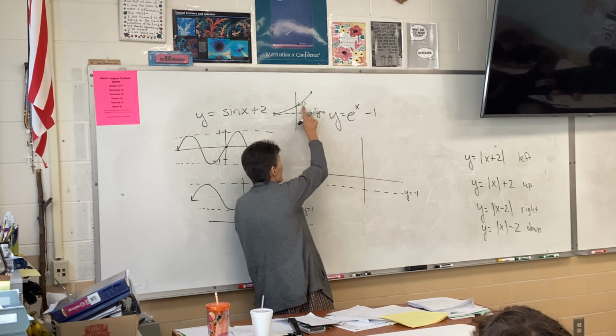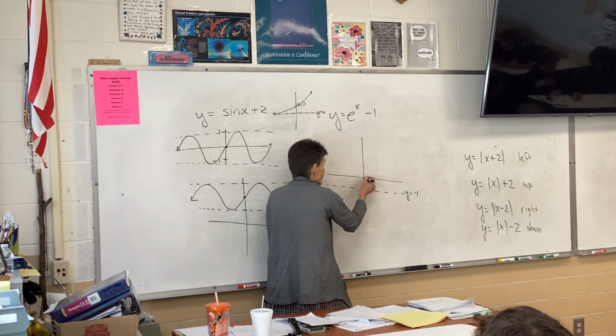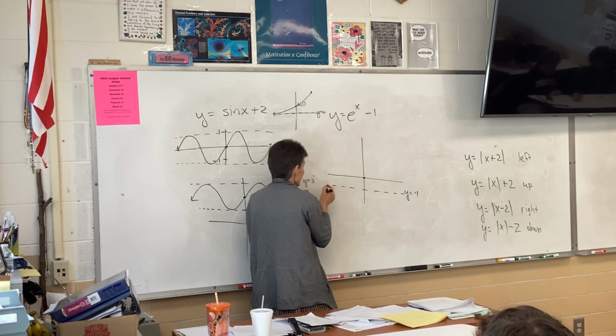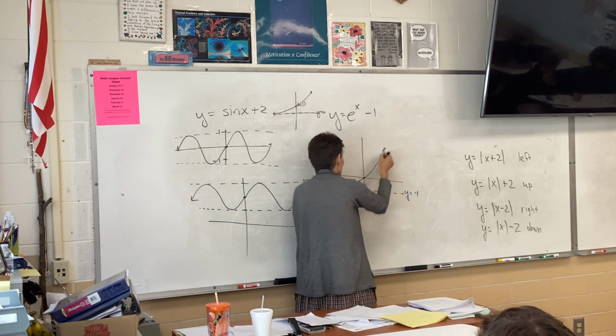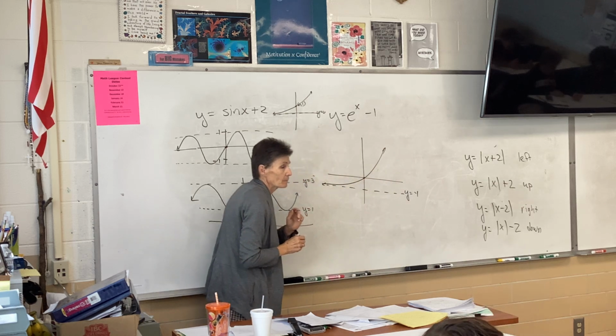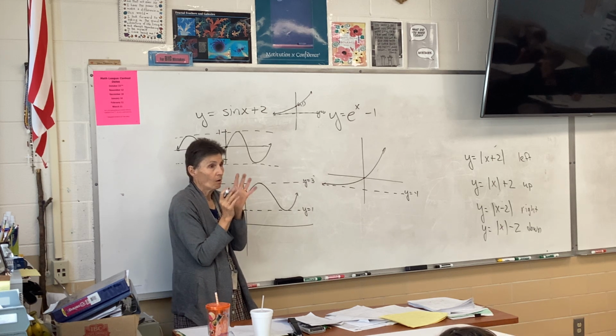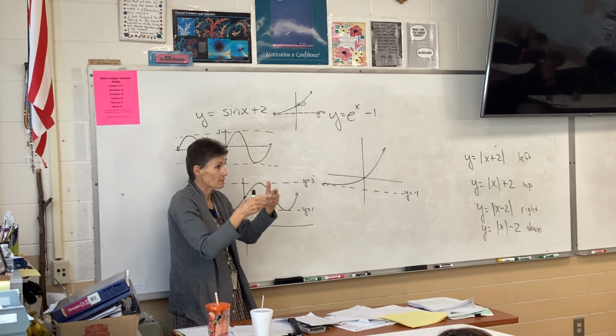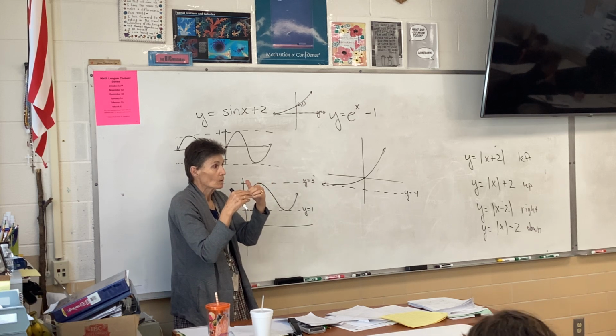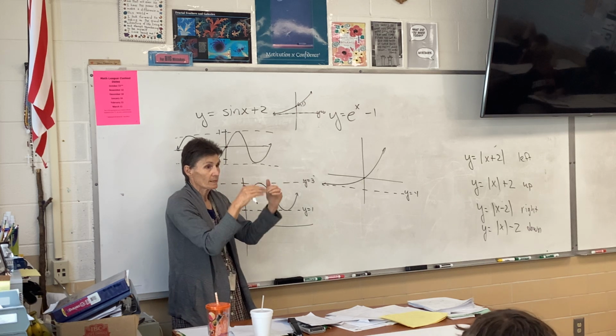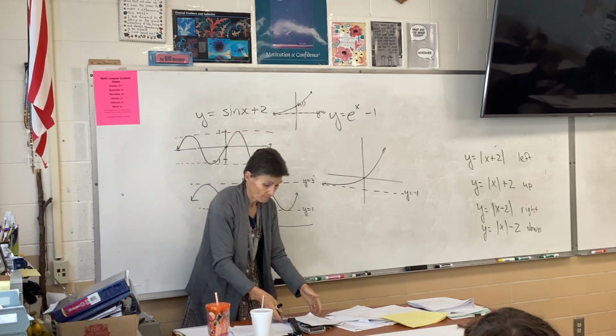The intercept was at 1, and now it's going to be at the origin. And then I got my shape. Remember, nothing we are doing is changing the shape. All we're doing is either turning it upside down with a negative or picking it up and putting it somewhere else.